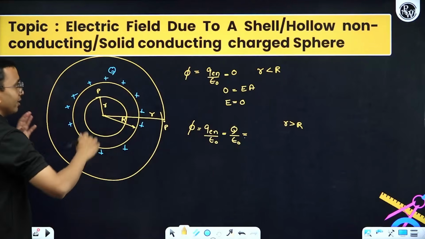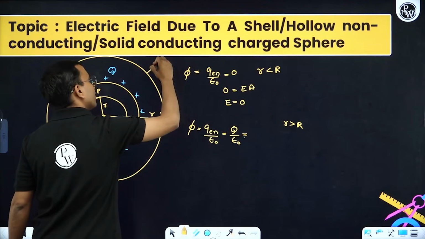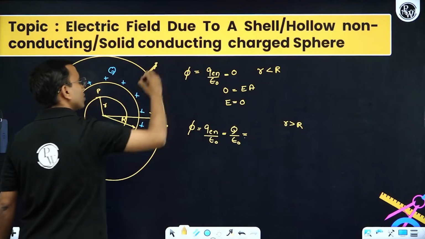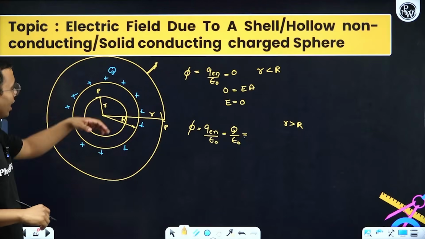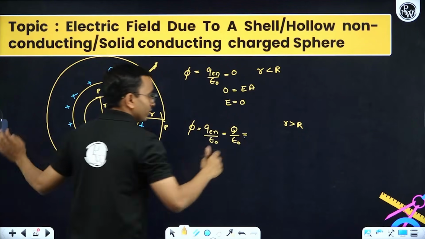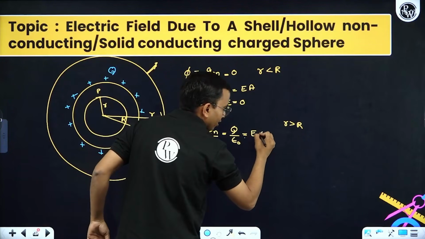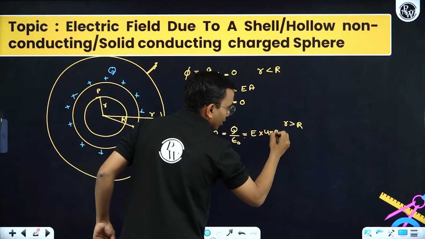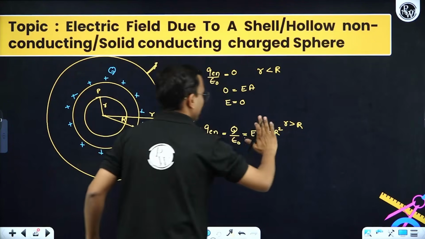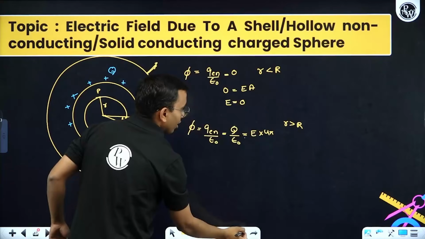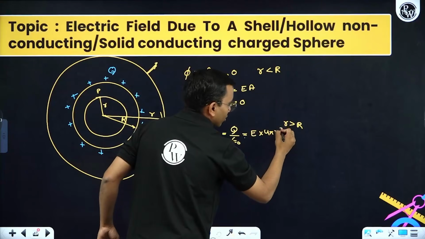At any point, whatever is the direction of the area vector, that is the direction of the electric field, and E is the same everywhere, so it will just become E into A, which is 4 pi r square.